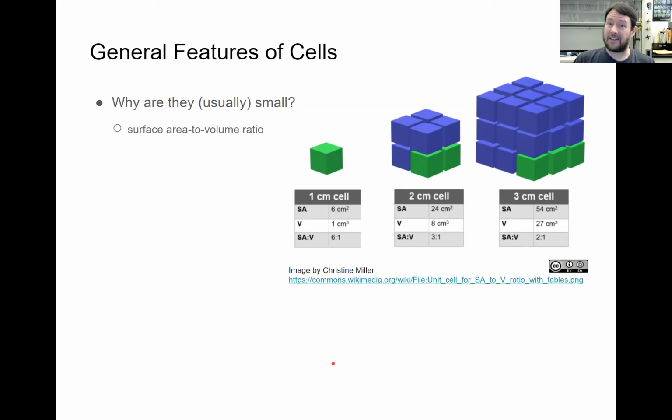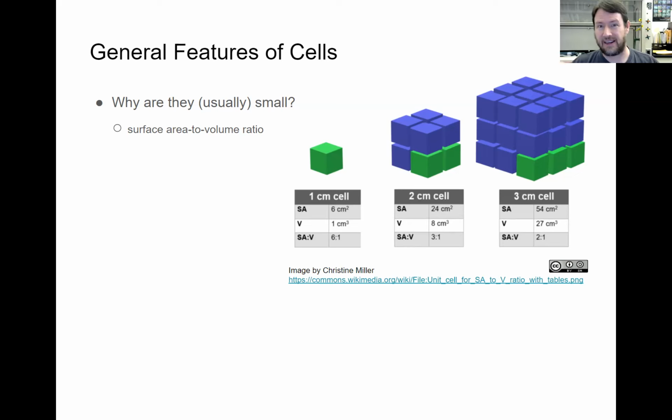Okay, some other exceptions. We actually have some cells in our bodies that might be up to 1 meter or maybe 2 meters long. And these would be nerve cells and muscle cells. And they get around this by being really long, but really, really skinny. So the cross-sectional area is very small. So the surface area to volume ratio stays very high.